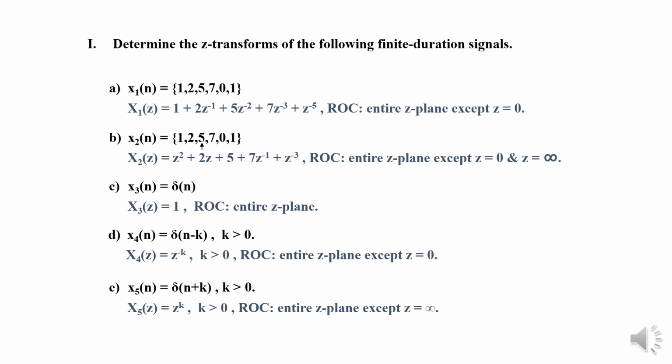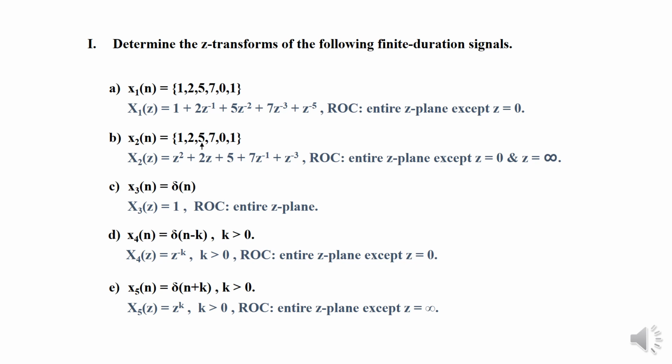Since k is larger than 0, z to the power minus k will be z to the power minus any positive value. Therefore, the region of convergence will be the entire z plane except z equals 0, because when z is equal to 0, x4z will become infinite. That means it will not converge, and we cannot find the z transform, right?